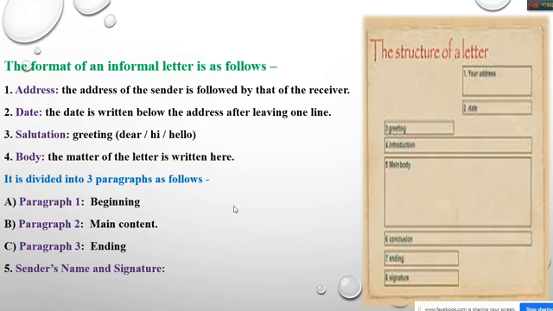If you go for American style, ultimately the same template will be there, but you will see that the letters are written left aligned. I mean the address, date, salutation, body, sender's name, signature, everything is written aligned left.